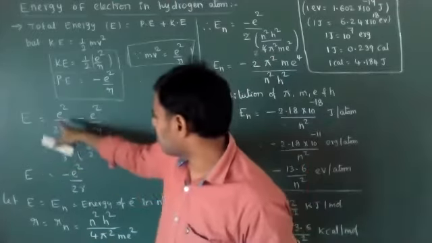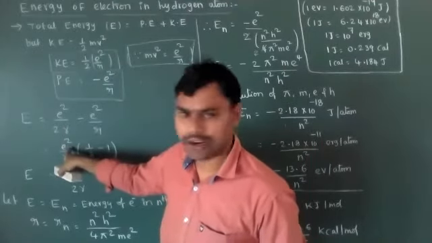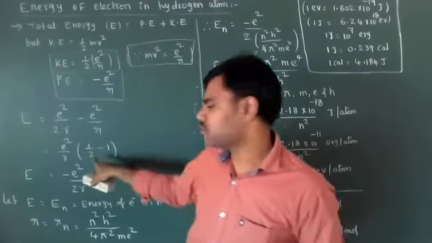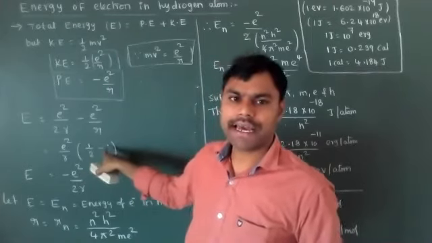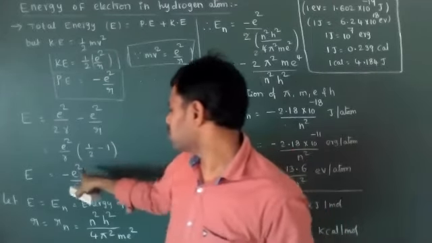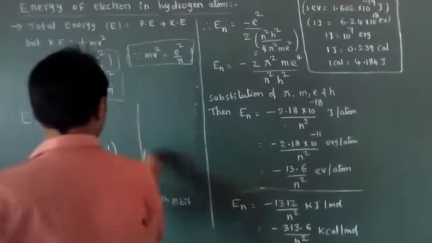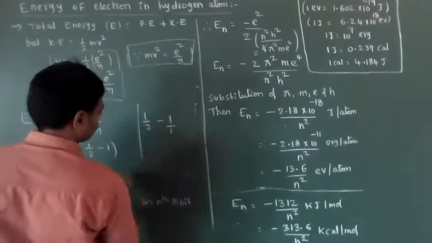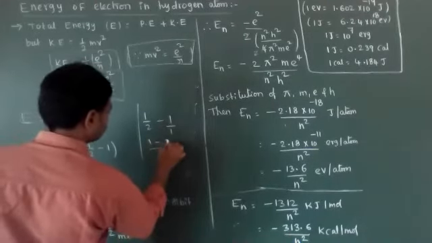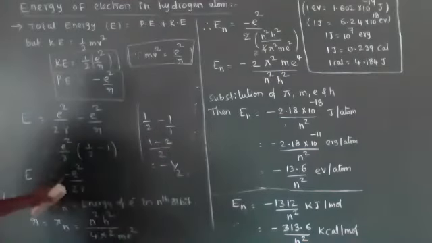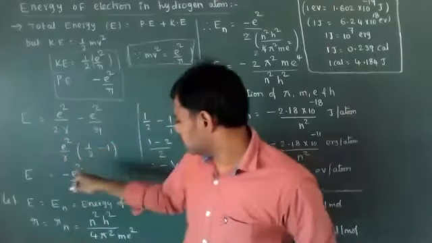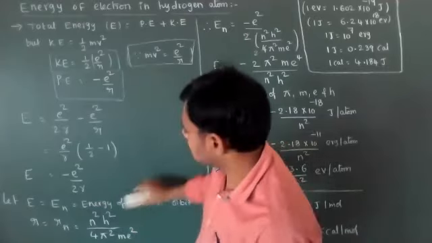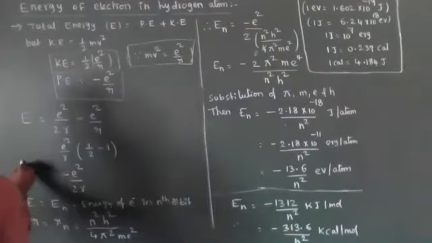Here e square by r is common, so take it out. Then 1 by 2 minus 1, the LCM is 2, then 1 minus 2 by 2 is minus 1 by 2. That's why the negative sign came: minus e square by 2r. So the total energy is minus e square by 2r.